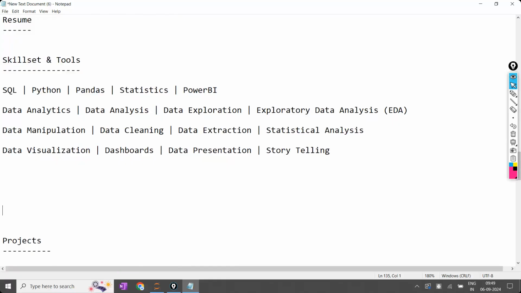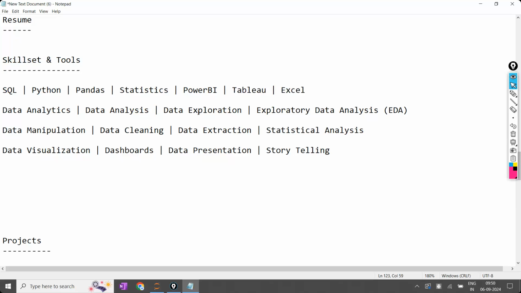Of course, not exactly in this sequential order, but these are the total skills. So you are familiar with SQL, Python, Pandas, which is used for data manipulation, statistics, Power BI, Tableau and Excel. So Microsoft Excel. These are all the tools which you are going to add.